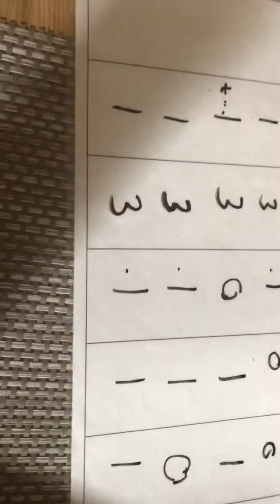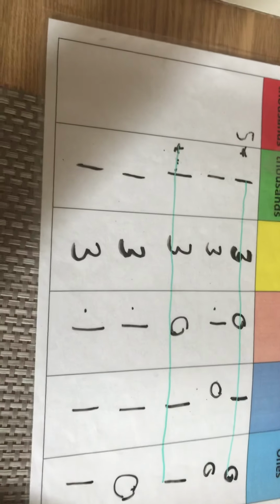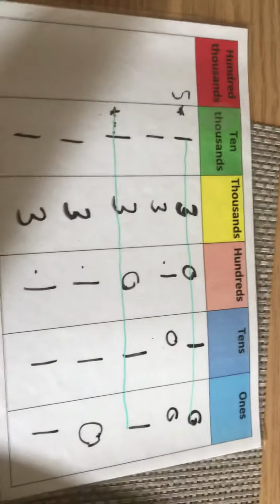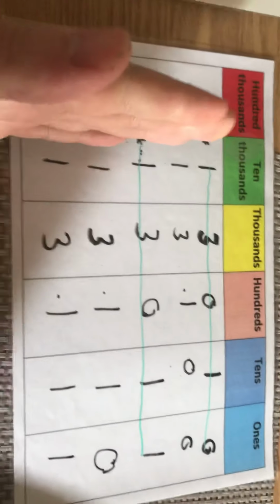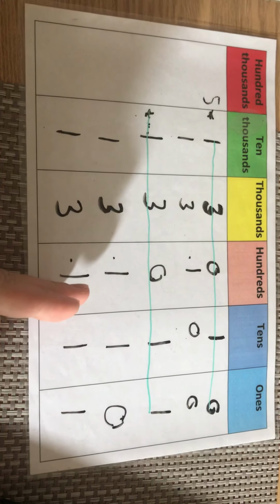So 13,011. Because these numbers have no hundreds. So I'm just going to put a line through that one because we've done that one, and put a line through that one because we've done that one. So we've got 3 remaining. Let's look now. So they've all got 10,000. They've all got 3,000s. They've all got 100.